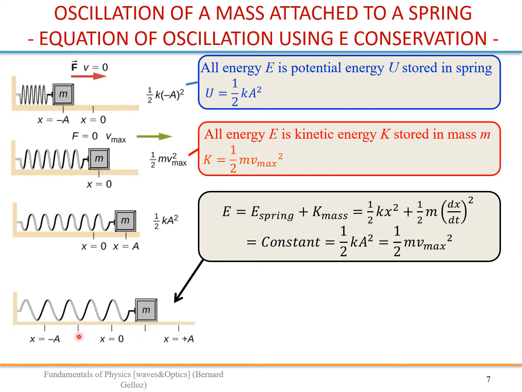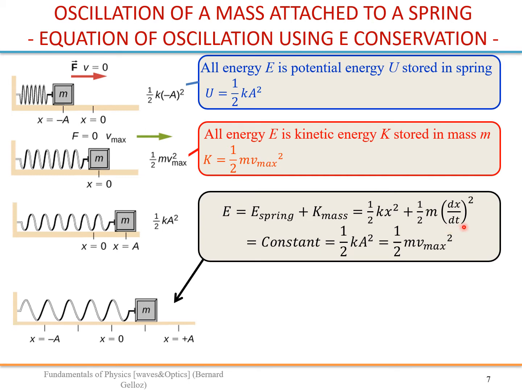Alright, so let's look at an arbitrary position x here. The energy is equal to the energy in the spring plus the kinetic energy of the block. So this is half of kx squared plus half mv squared, and this is a constant.